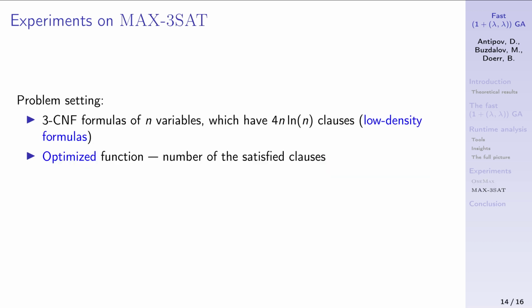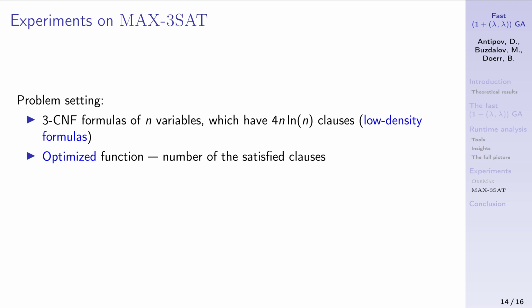Well, we also performed experiments on a more real-world problem, MAX-3-SAT. It is a problem of maximizing the number of satisfied clauses in a Boolean formula in 3-conjunctive normal form. And here we used low-density formulas which have n variables and at least 4n logarithm clauses.